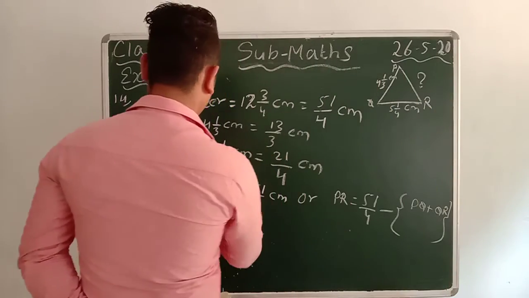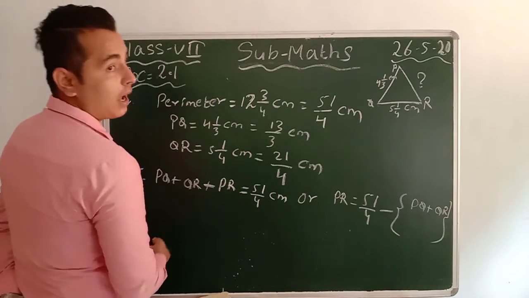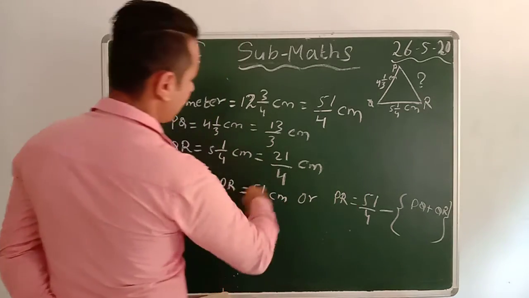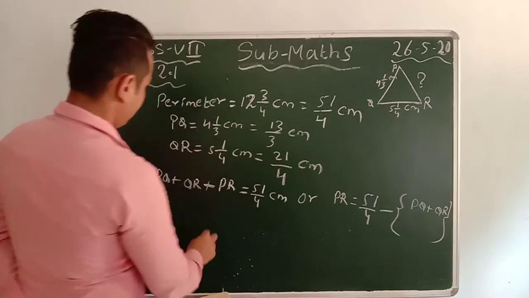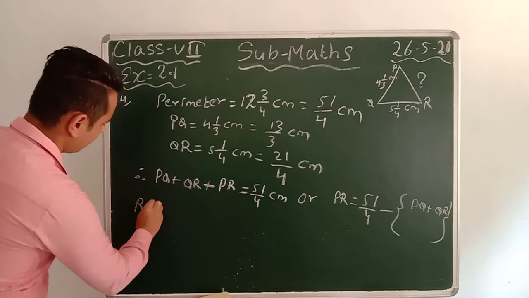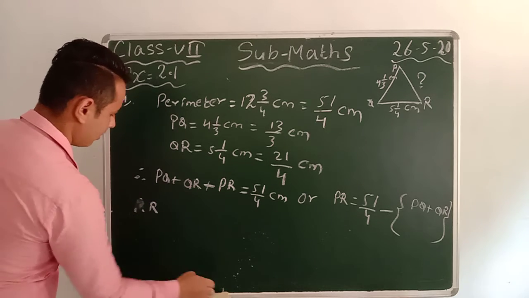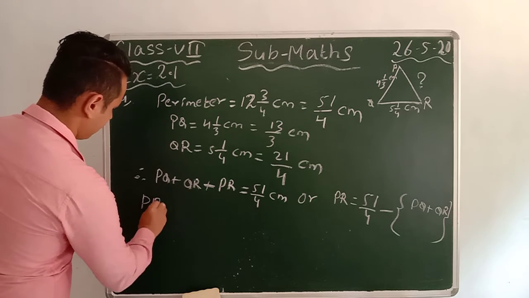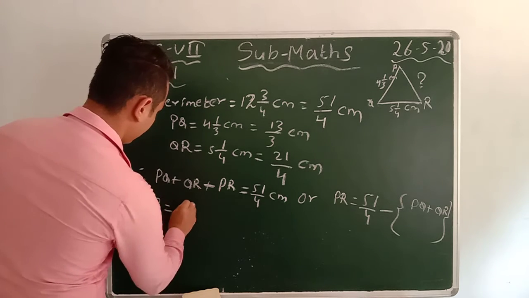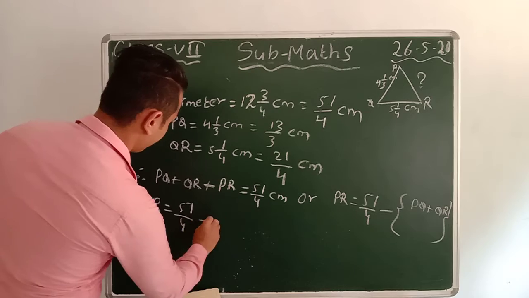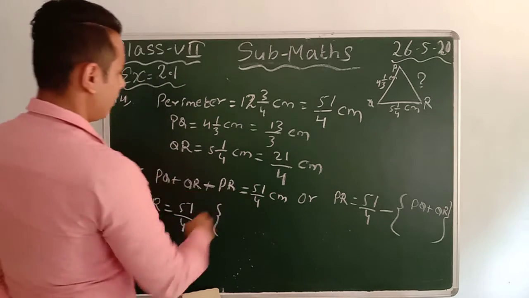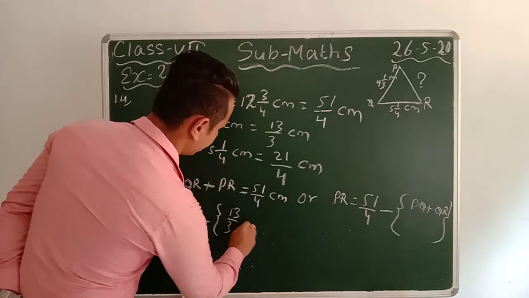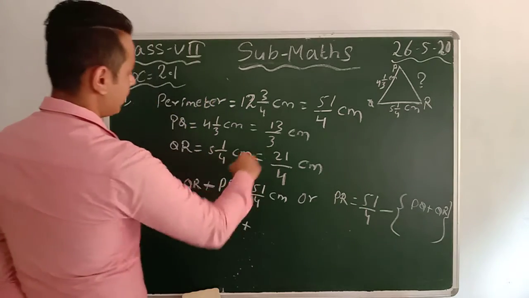I took PQ and QR to the right hand side, so that will go as minus. So PR equals 51 by 4 minus, your PQ is 13 by 3 plus QR is 21 by 4.